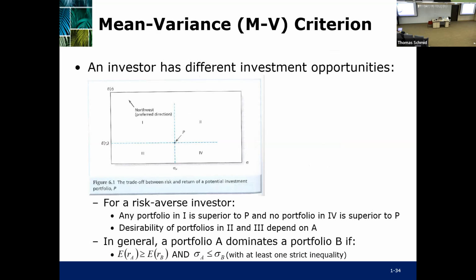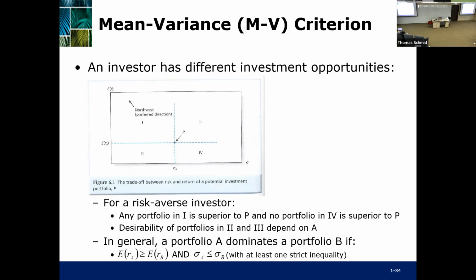Yeah? And then we divide the space here into 4 areas. Area 1, 2, 3, and 4. Yeah? Now, consider a risk-averse investor. What can we say about all risk-return combinations in area 1 relative to P?